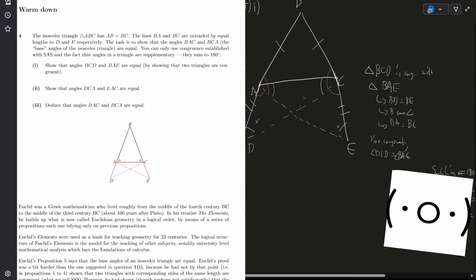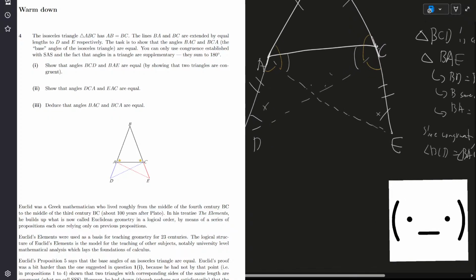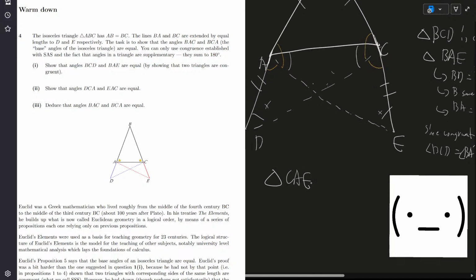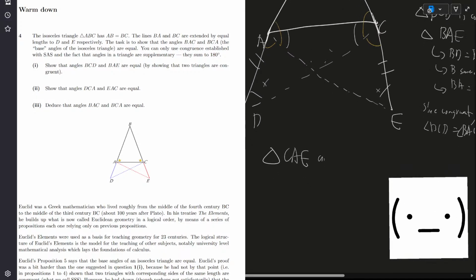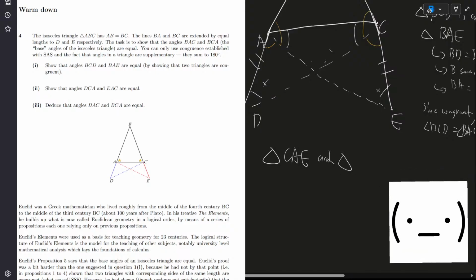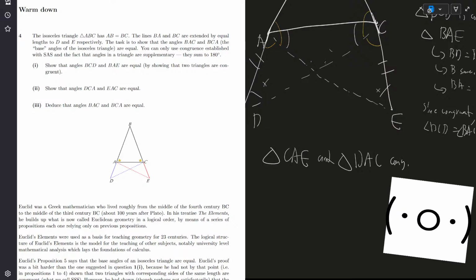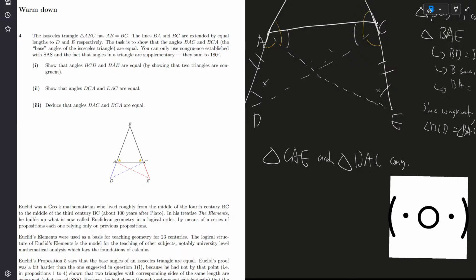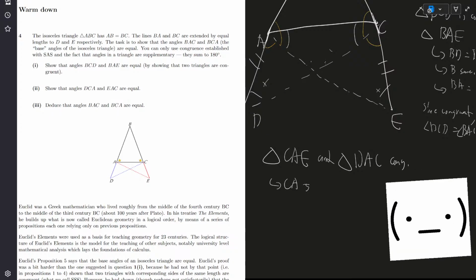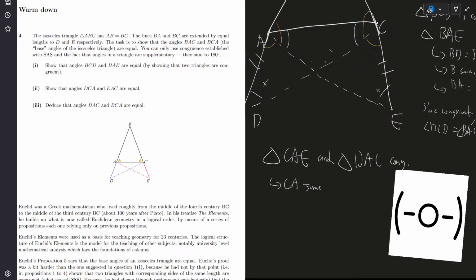Right. So congruency of CAE and JC congruent is as follows, right? CA is the same. You can only use SAS.